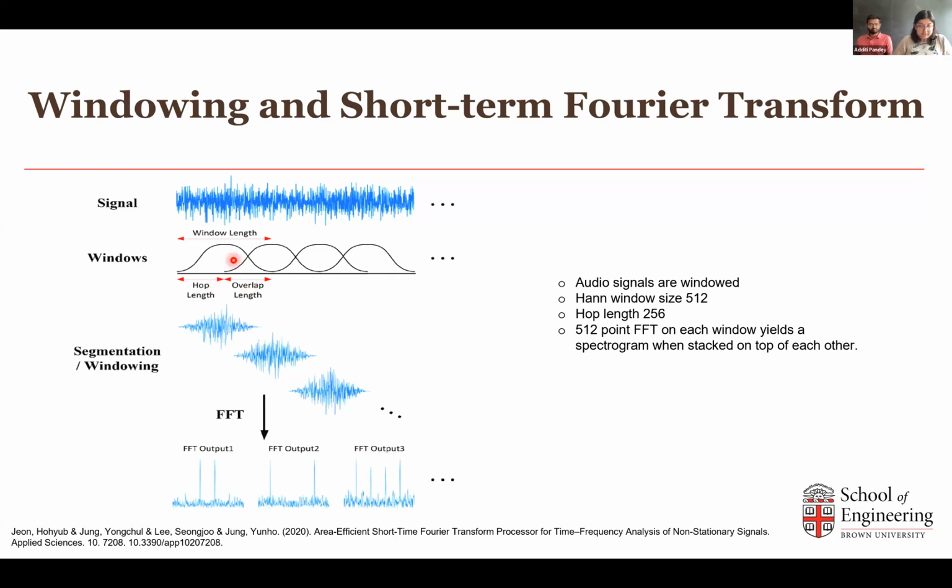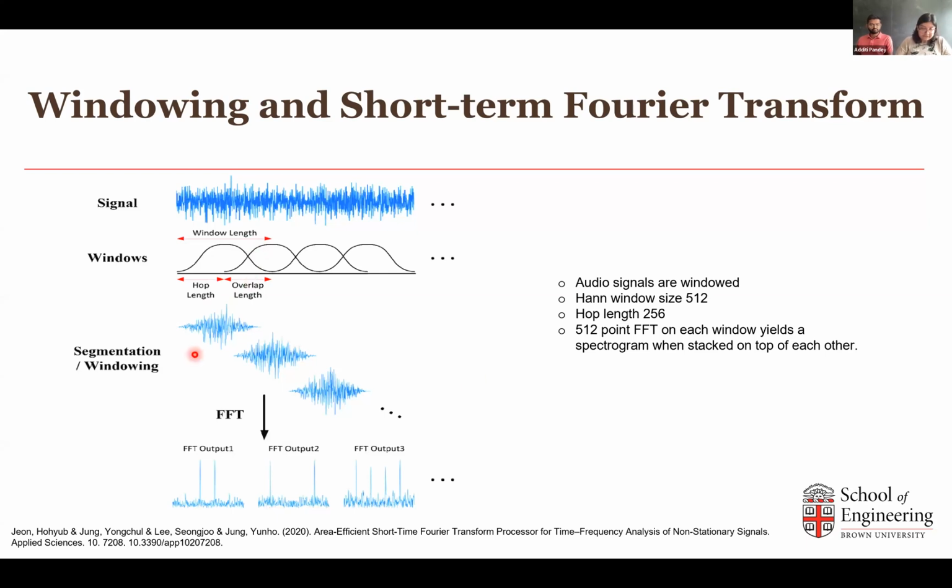The hop length is 256, and it is usually given by the length of the Hann window divided by 2k, and in this case, k is 1. It just tells us that we can advance to the next window by 256 samples. And the overlapping window is just there to ensure that there is no information lost at the edges.